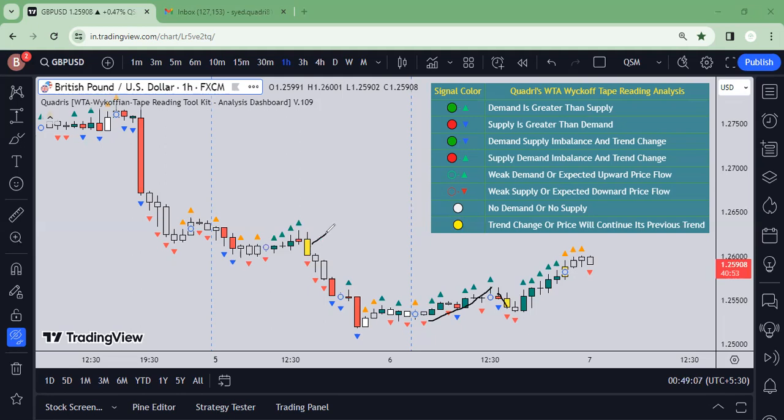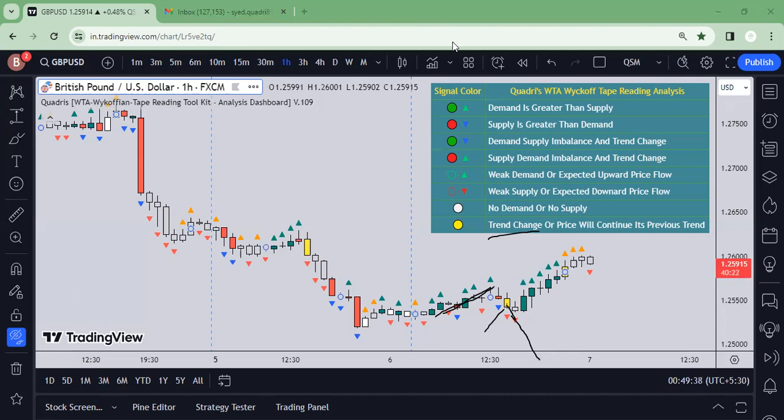These yellow candles are based on my observation. So one thing, either there would be a trend change. If we are trending upwards, trend change means price depreciation would take place. We don't know how much depreciation would take place. Either it would be 100 points, 200 points, or it would be a free fall.